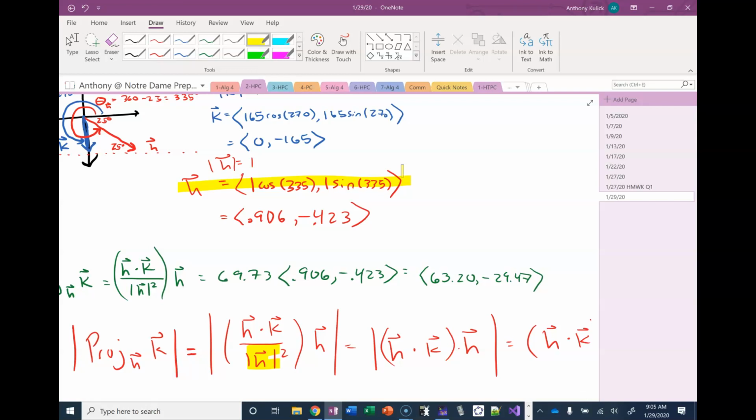Well, if I think about cosine 335, sine 335, that's a point on the unit circle, right? What's the radius of the unit circle? 1. So what's the magnitude of this vector then?